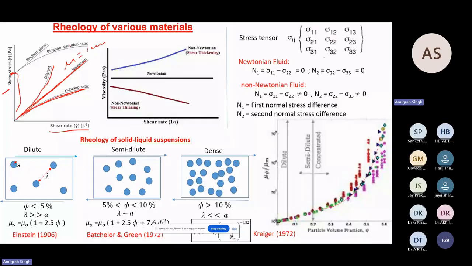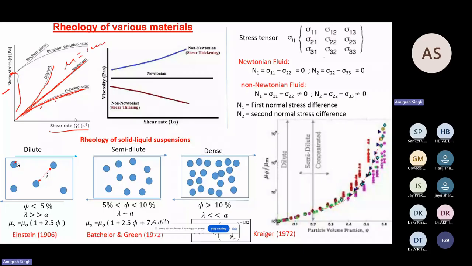Again, these are at constant shear, where you plot the data at different points at constant shear. There are also materials which are time dependent, like viscoelastic material. We will not discuss time dependent materials. We'll only discuss time independent material, where if you are shearing at a constant shear rate, it should not change with time.